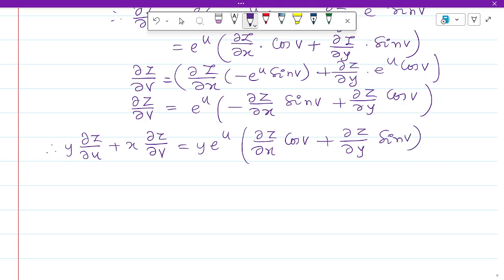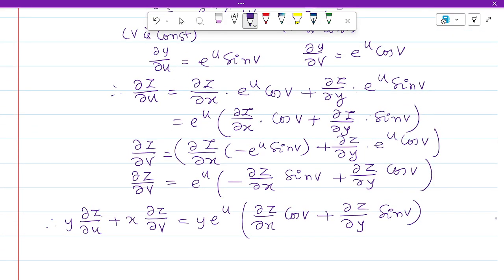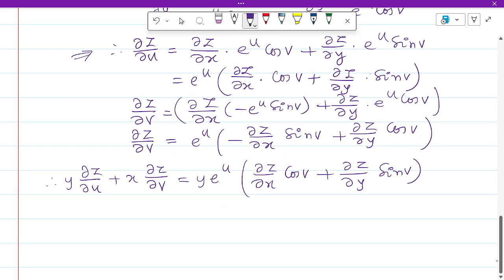We are taking from here, that means you multiply with y the ∂z/∂u. So ∂z/∂u is here; from this you have to multiply with y here, and you will get this answer. Then plus x ∂z/∂v. So ∂z/∂v is here, you have to multiply with x here.